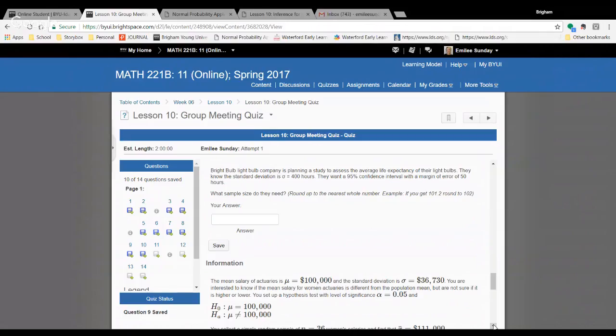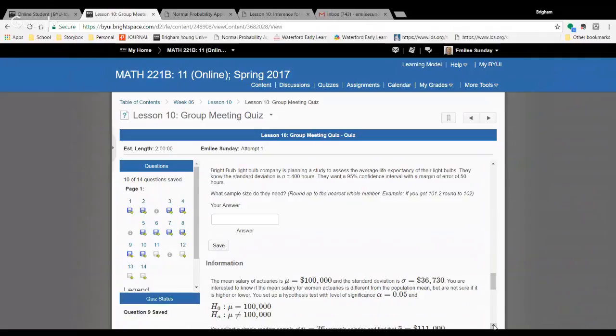Bright Bulb Light Bulb Company is planning a study to assess the average life expectancy of their light bulbs. They know that the standard deviation is 400 hours. They want a 95% confidence interval with a margin of error of 50 hours. So what sample size do they need? So this is where we're solving for n, but they have the margin of error. Yep.